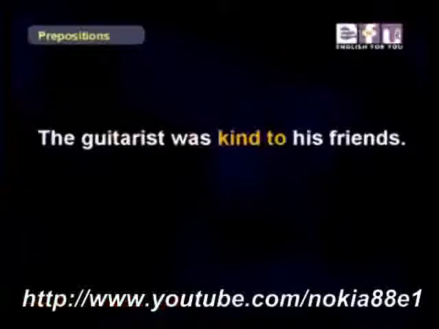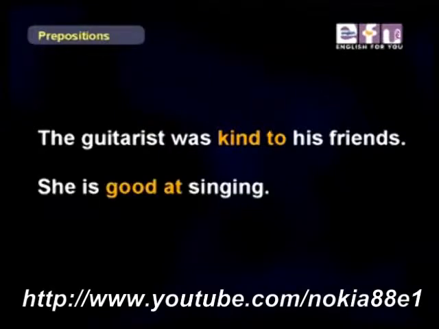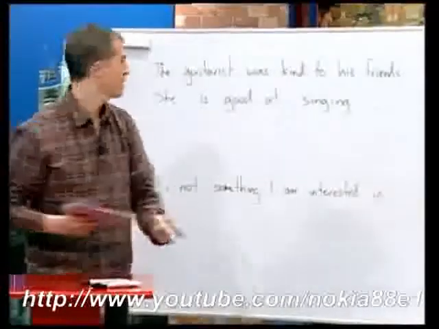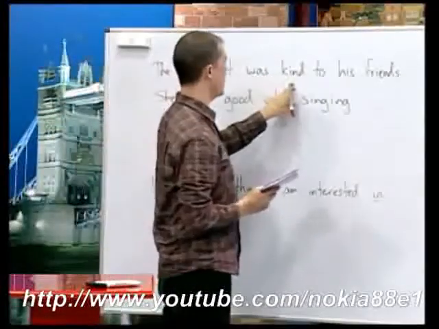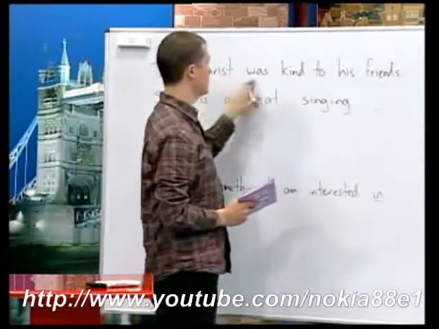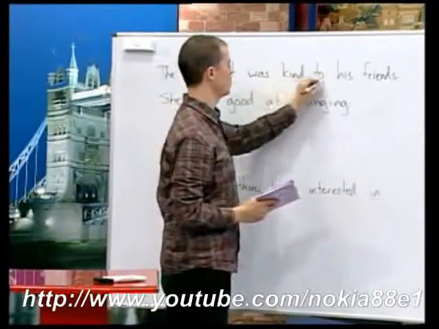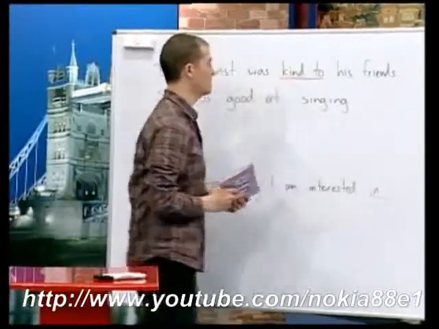For example, the guitarist was kind to his friends, and she is good at singing. When we use kind, we always use to with this adjective.